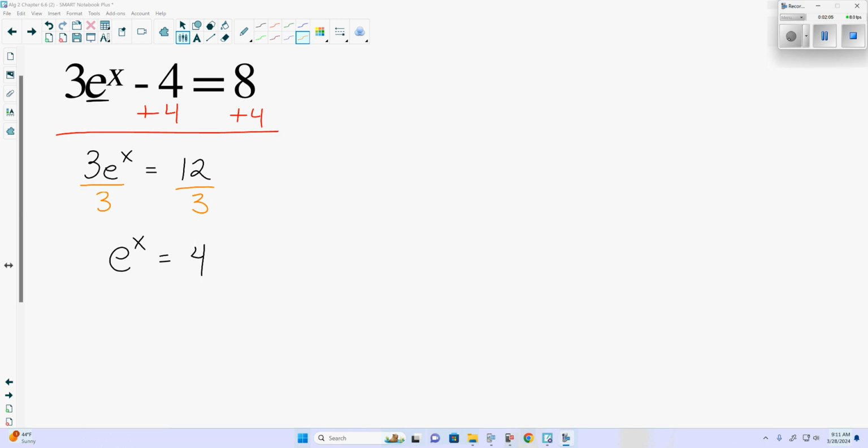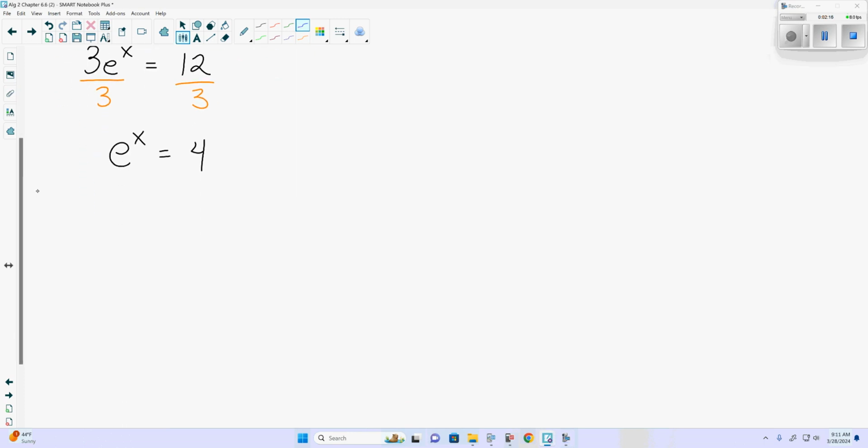Now, once we get the term with the variable and the exponent by itself, we're going to apply a logarithm to it. And the logarithm that we're going to apply to it, its base is going to match the base of what the exponent is attached to. So here, since it's e, we use ln.